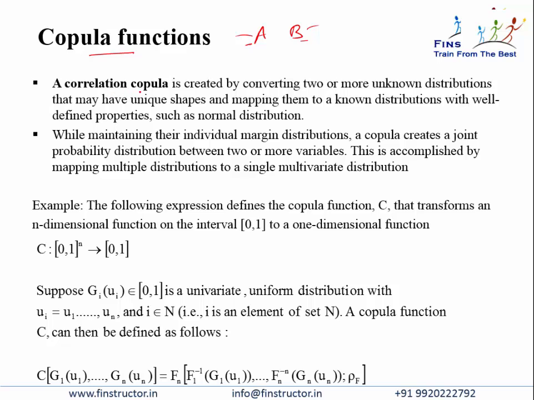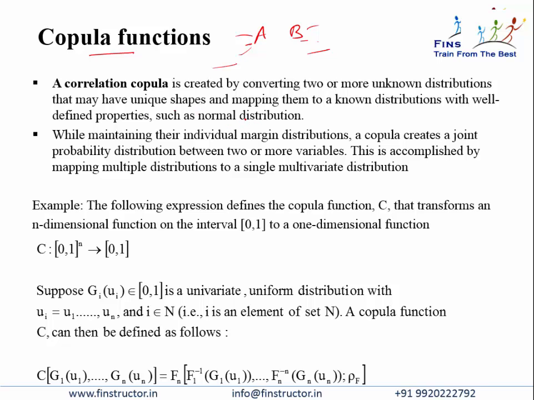So a correlation copula is created by converting two or more unknown distributions that may have unique shapes. This variable A may follow its own probability distribution, B may follow its own probability distribution. The idea to understand the correlation between the variables A and B is to create a correlation copula, that is, convert these unique distributions and map them to known distributions with well-defined properties such as a normal distribution.